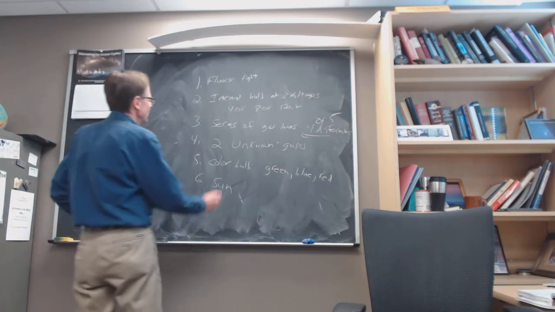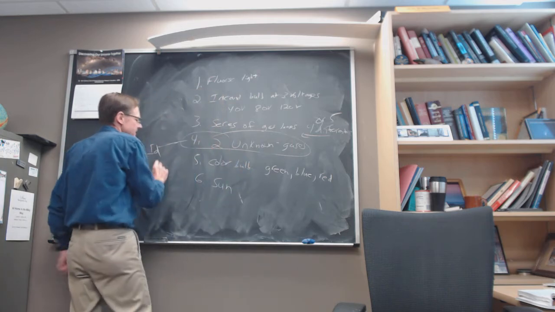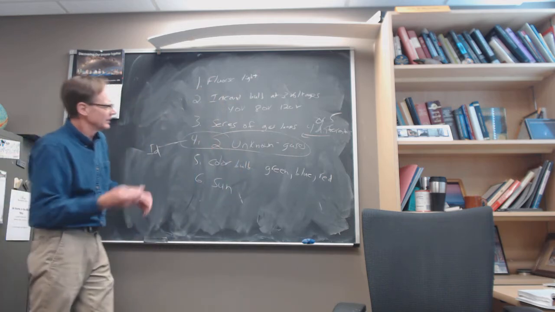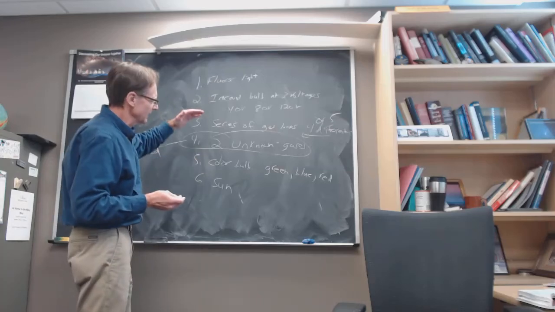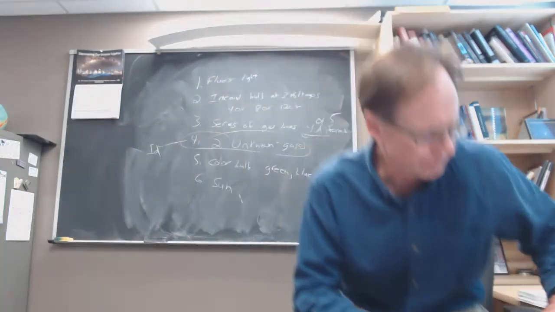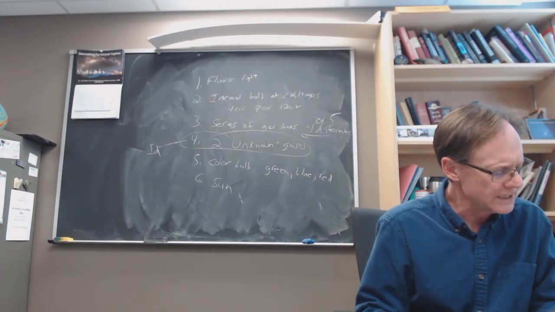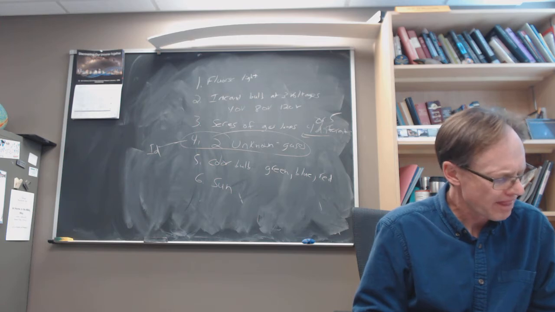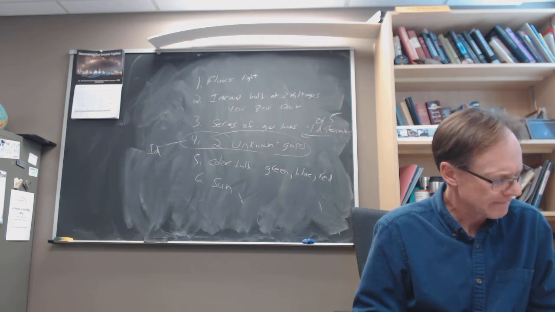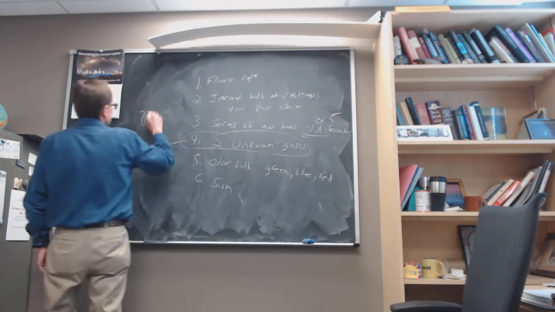I want you to do all of that work, try to identify these on the charts that are downstairs, write a little short summary of the kind of things that you're seeing here, and answer discussion questions 1 and 4 at the end of the lab.